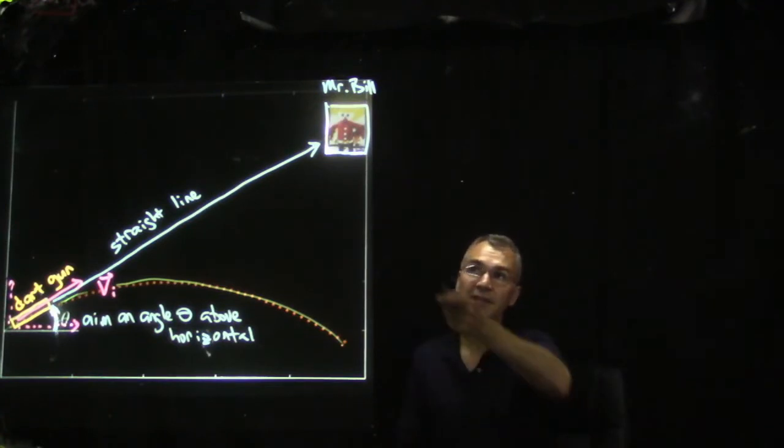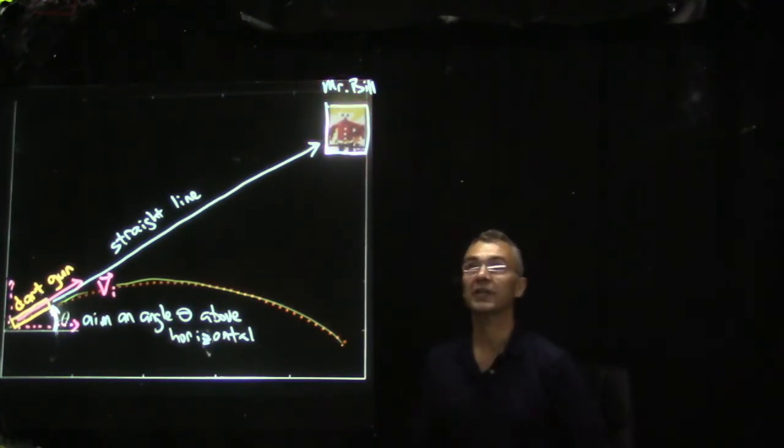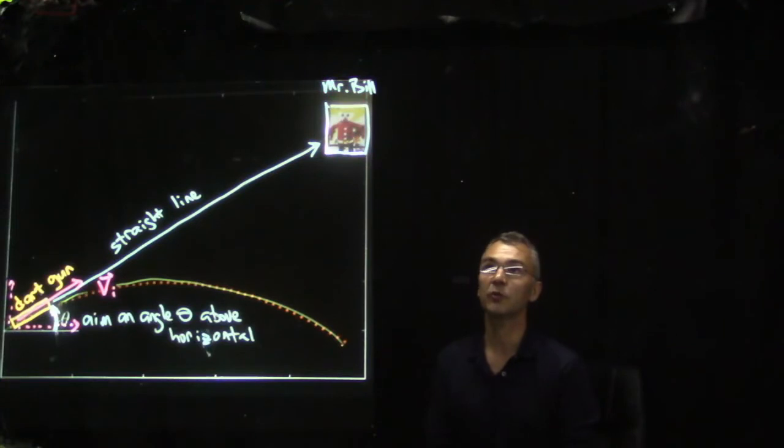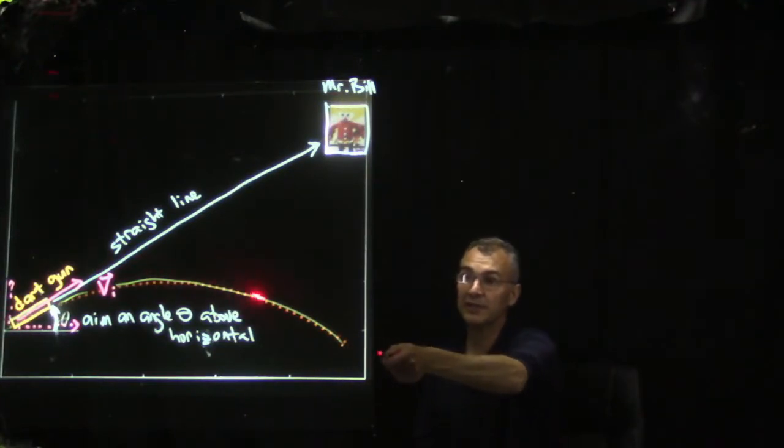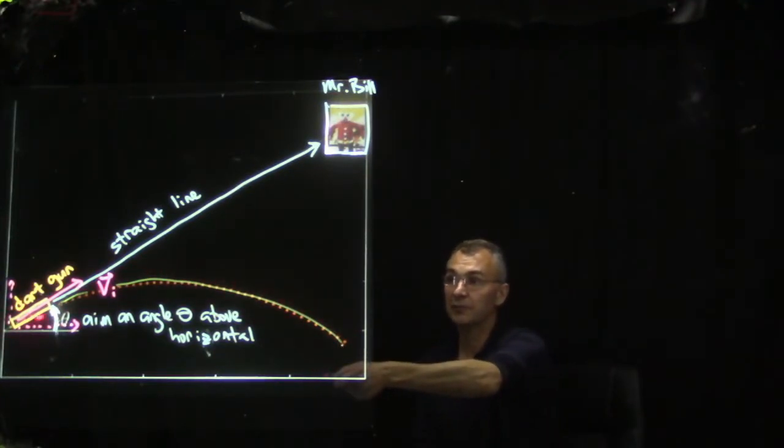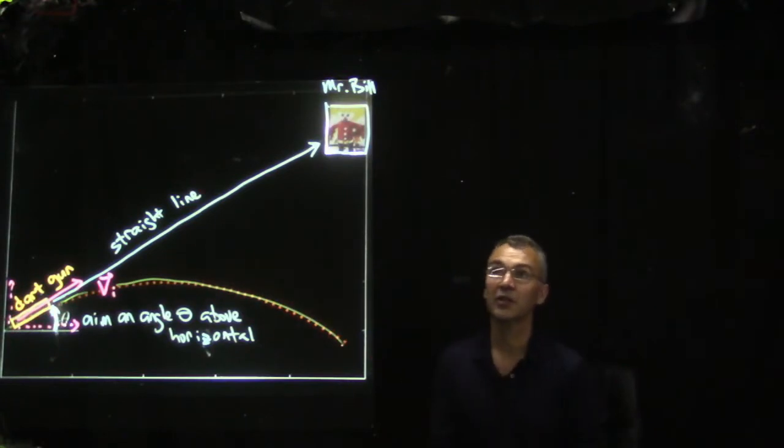And I claim that if Mr. Bill were indeed going to stay put where he is throughout the whole time and not be frightened by the sound of the dart gun, then I think we would indeed miss Mr. Bill, because this parabolic drop of the pellet to form a parabolic arc would cause the pellet to land too low.